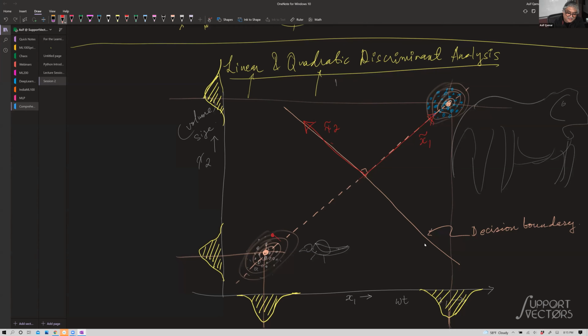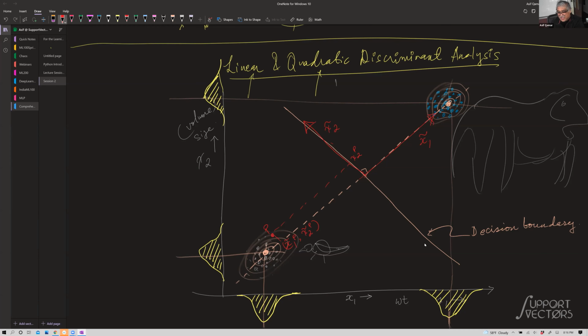It has some value here, x1 for this point P and x2 for the point P tilde. These are the coordinates with respect to the new coordinate system. You agree with that, right?